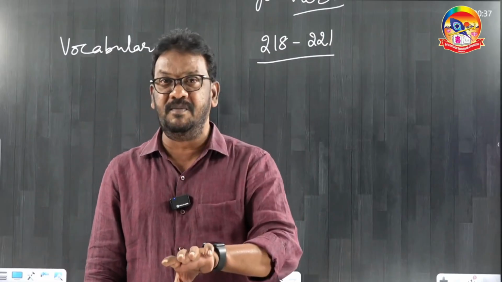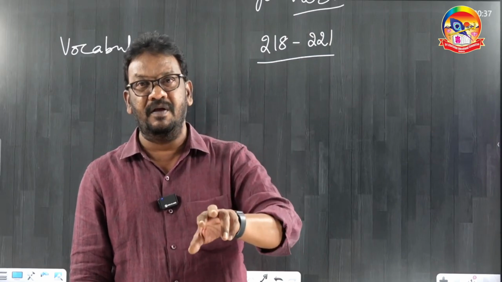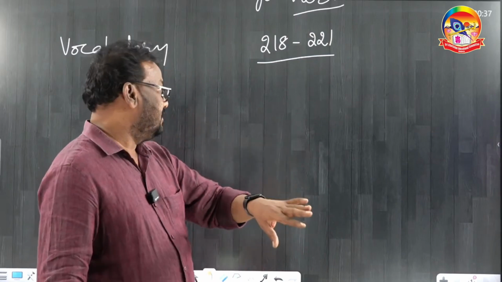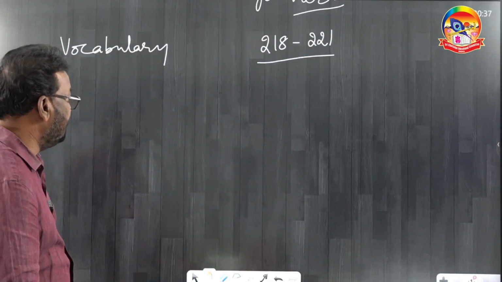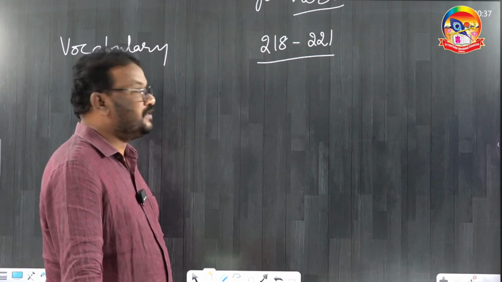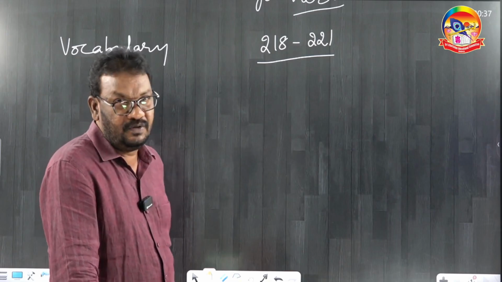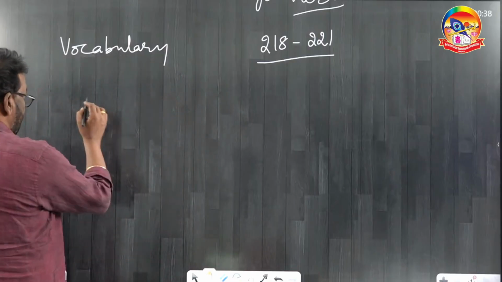May not be the same table given in your exam, and maybe each one word from each table will be taken and another table will be formed. So if you are thorough with all those 12 tables given in your textbook, I am sure you will be able to score 3 out of 3 even in this vocabulary.